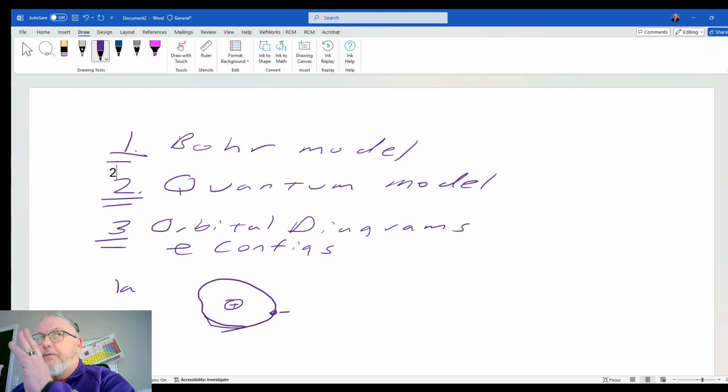It depends upon the distance that orbit was from the ground state. So those are some differences between, and an improvement on, the Rutherford model, the traditional nuclear model.